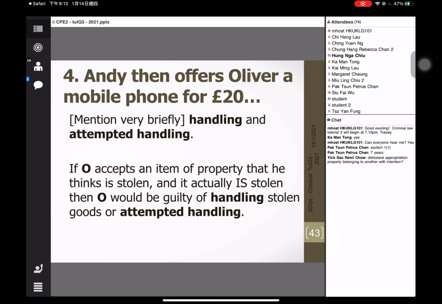Okay, so any questions on that part, on the retaining of the excess sum of money, the change?